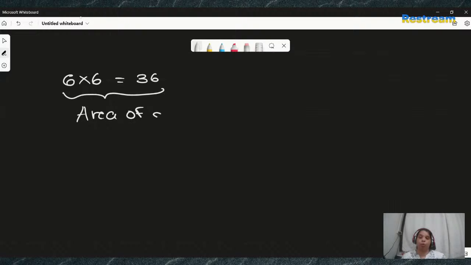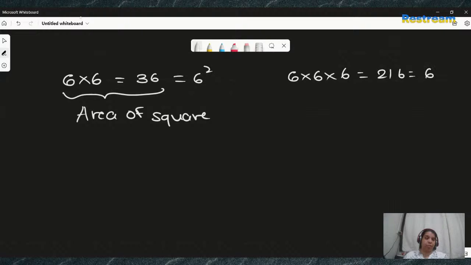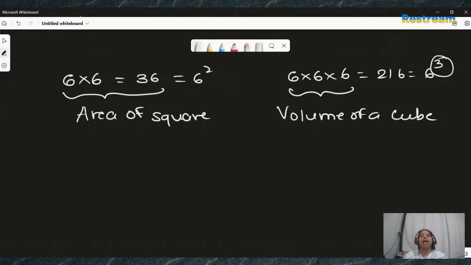You have done area of a square in previous years, right? So it is 6 square. That's why it's called a square basically. Now, we have 6 into 6 into 6, which is 216. Now, this is a formula of volume of a cube. That's why it is 6 cube.